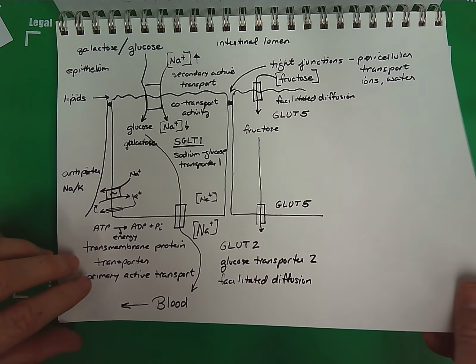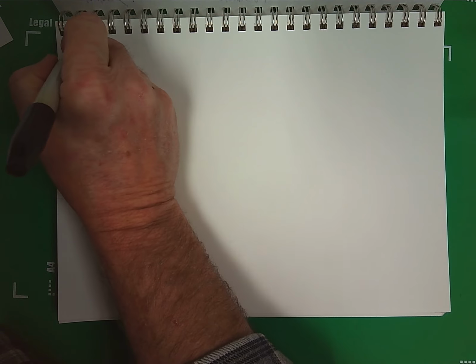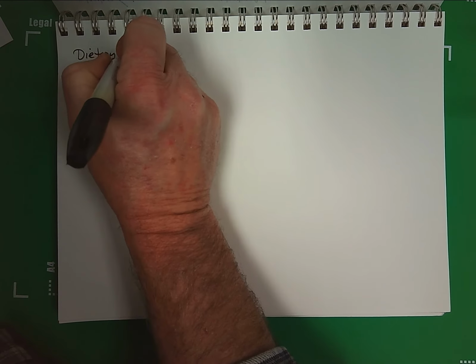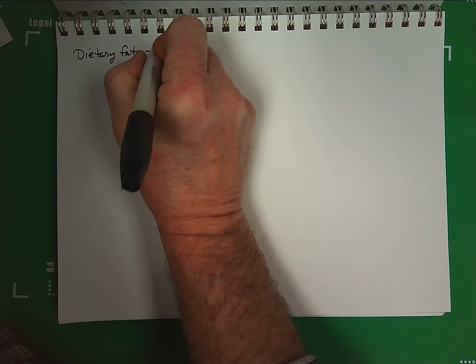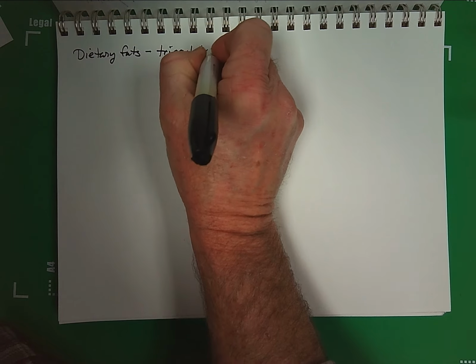Now let's move on to dietary fats. So dietary fats, we saw, are largely contained in triacylglycerol structures.